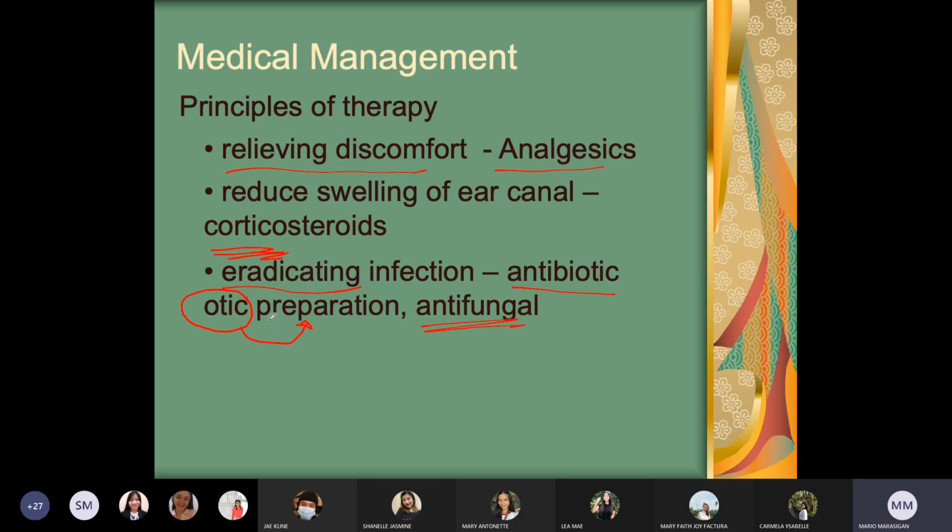So, tuturuan din kayo how to administer otic drug. Okay? May procedure for adult and for children, right? Paano hawakan ang tenga when you are instilling ear drops or ear drug. Pag adult, up. May U yata dun eh.